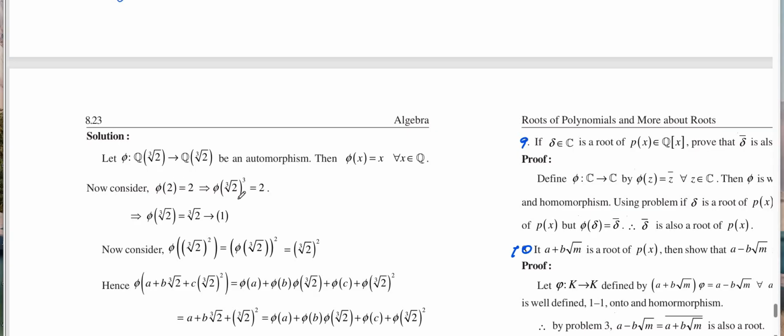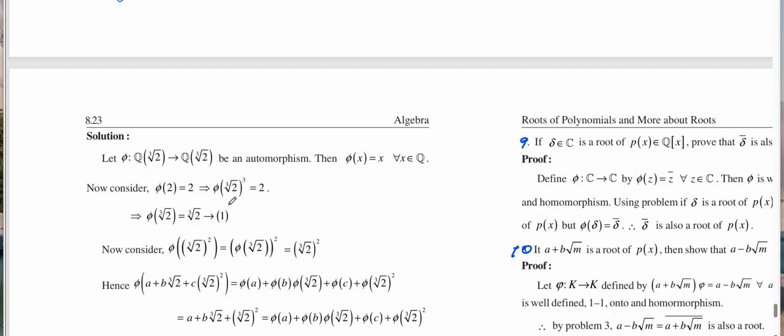But this can be rewritten in this way: phi of cube root of 2 power 3 is also 2. So you have this equal to 2. So what is phi of cube root of 2?